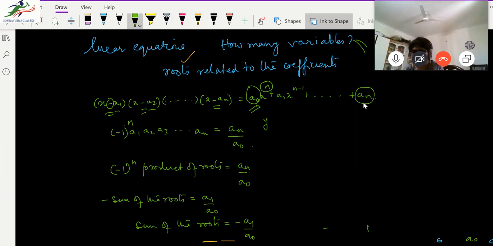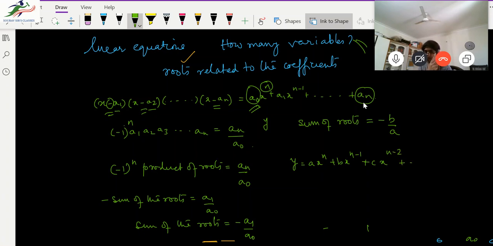See, the general rule is this: sum of roots is always minus b by a. And remember it like this: y equal to ax to the power n plus bx to the power n minus 1 plus cx to the power n minus 2, and like this it goes on.